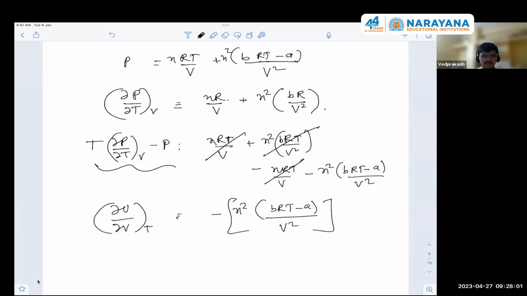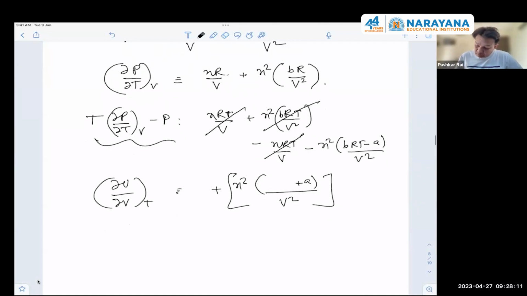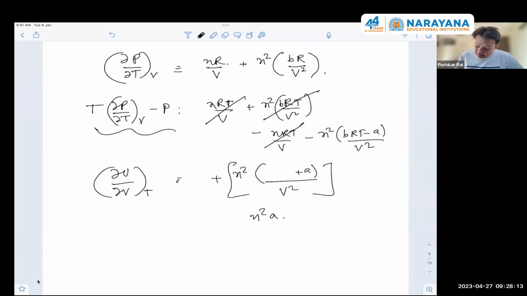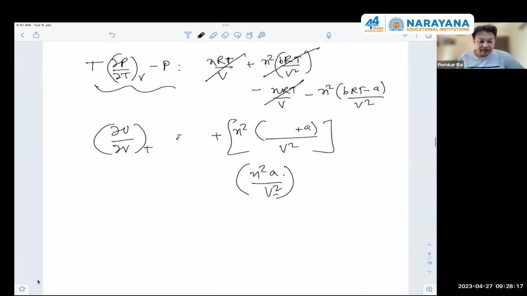Even bRT is cancelled. Oh, sorry. And then this minus and minus will become plus then. So this is n square a by V square. Fantastic. That is del U by del V at constant T.